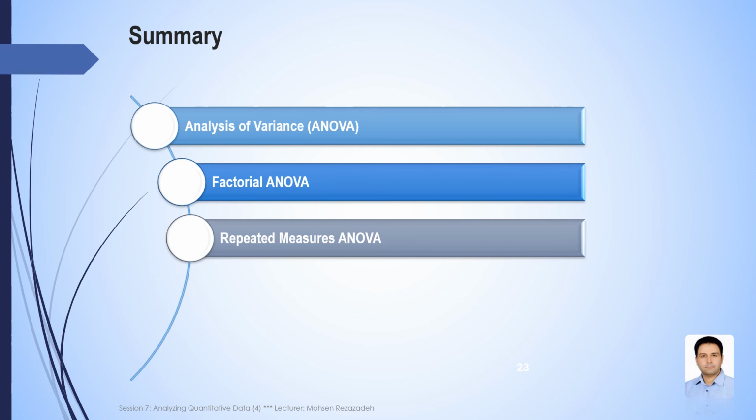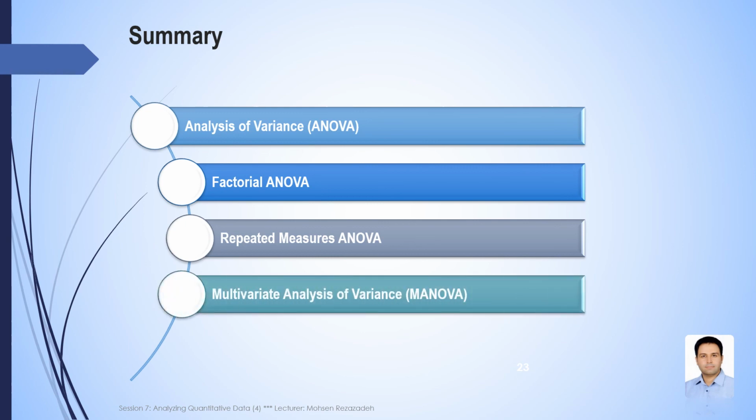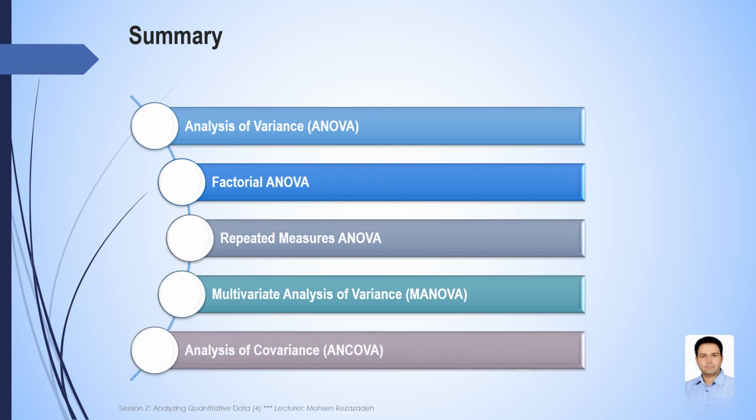We have three sets of scores. Then we use repeated measures ANOVA in this situation. Then multivariate analysis of variance, or MANOVA, when we have more than one dependent variable. And finally, analysis of covariance, or ANCOVA, when there is a pre-existing difference among the groups in the pre-test. We use ANCOVA.